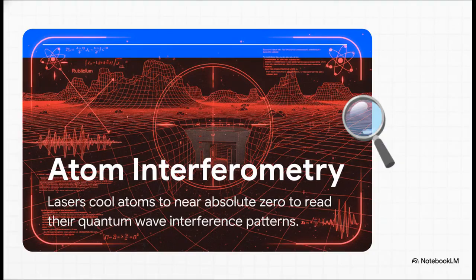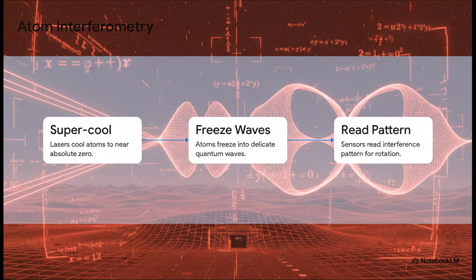The physics behind this are just staggering. Atom interferometry relies entirely on quantum mechanics. Inside the falling weapon, there's this tiny vacuum chamber where lasers trap a microscopic cloud of atoms, like rubidium, for example, and they supercool them down to near absolute zero. At this extreme temperature, the atoms basically freeze and essentially turn into these delicate quantum waves.